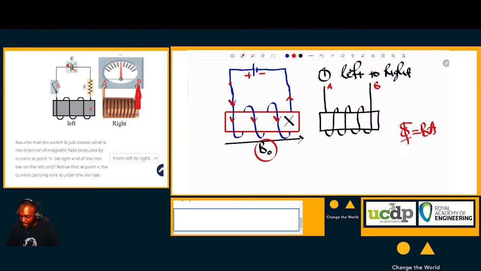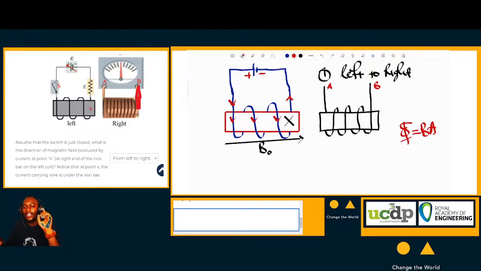Okay? Now, when the circuit is completed, the current in the circuit will increase from 0 to a certain value until it's constant. And remember, every current carrying conductor has a magnetic field.